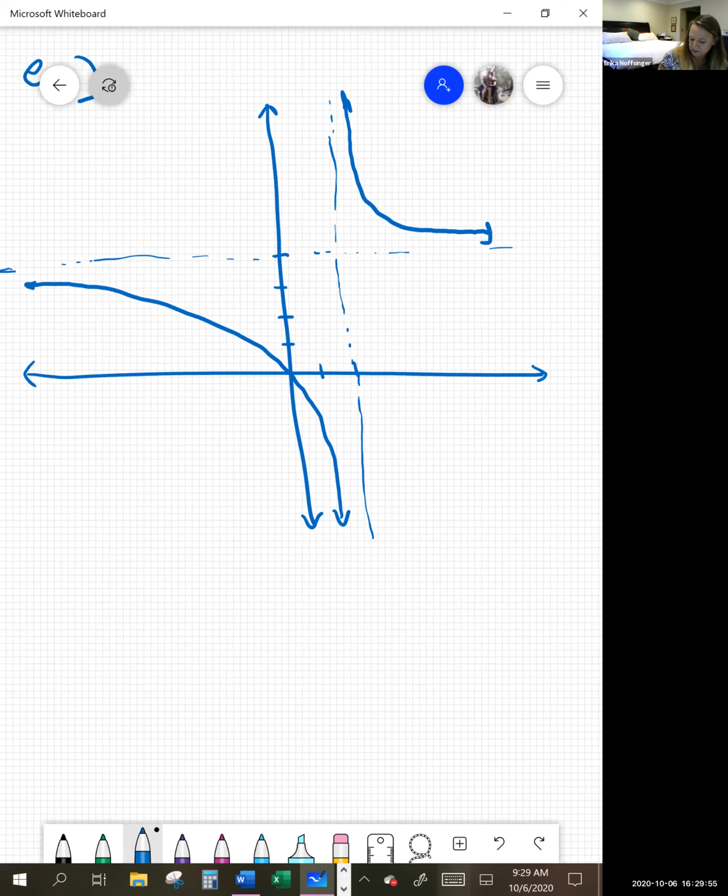Okay, so the domain and range. From here, you should be able to tell what the domain is and what the range is. So what are all the x values you would hit on that graph? Or what is the x value you don't hit on that graph?